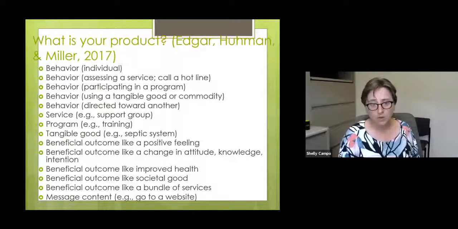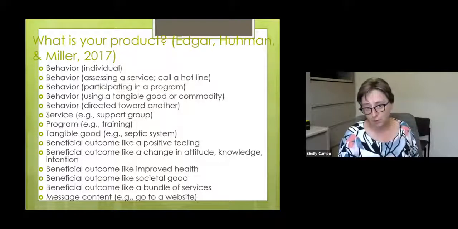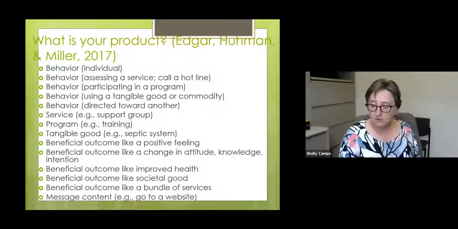So if you're running a substance use treatment facility, the number of people who need substance use treatment is more finite, but the number of people who need prevention services and broader knowledge and information about substance use to reduce stigma in a community, for example, could very well become an additional goal of your campaign, so that when people need services, they are more likely to come. Does that make sense?